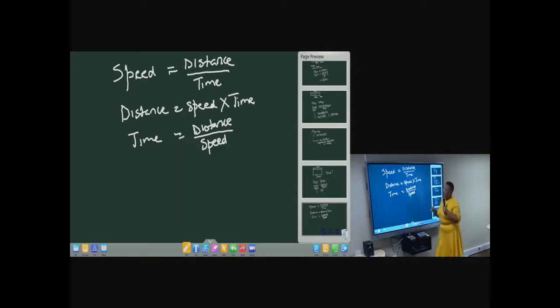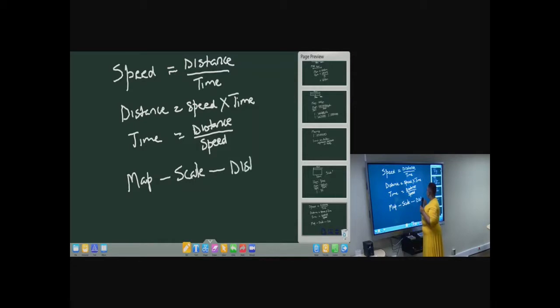The reason for me to mention this is that when you are given a map and a map has a scale, it means that on that map the distance is given. So you cannot say, when you are given a map and a scale and asked to use that formula, I have only been given speed, where am I going to get the distance?